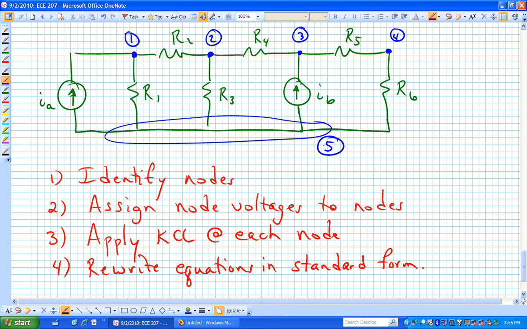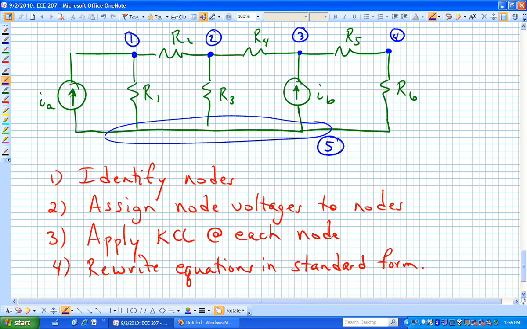We use one of those nodes as a reference node, and a lot of times the way the circuits are sketched, that reference node ends up at the bottom and it may be labeled the ground node. In nodal analysis, that's the one that we will be assigning our negative polarity to, and all the other nodes will be given a positive polarity sign from that reference.